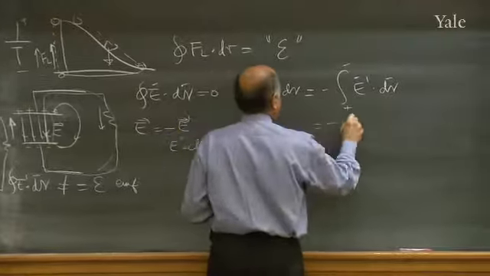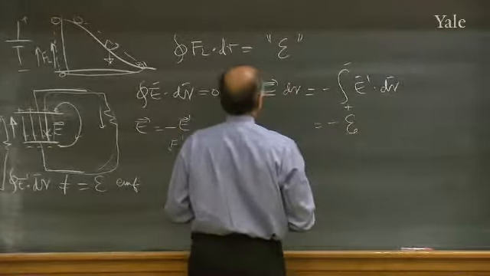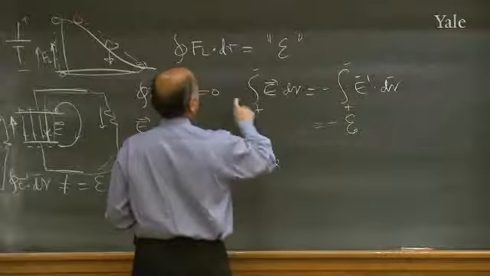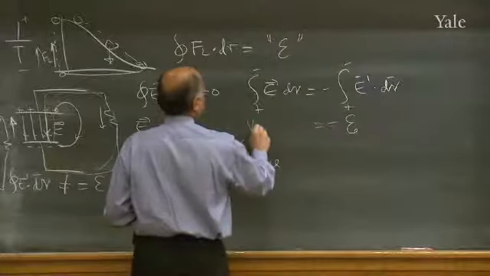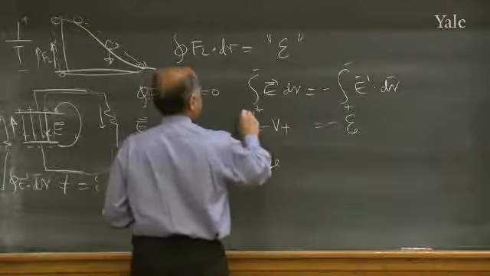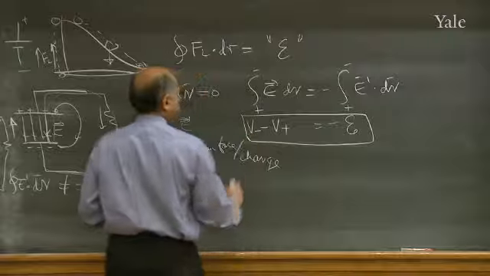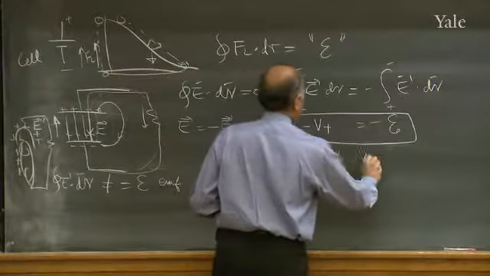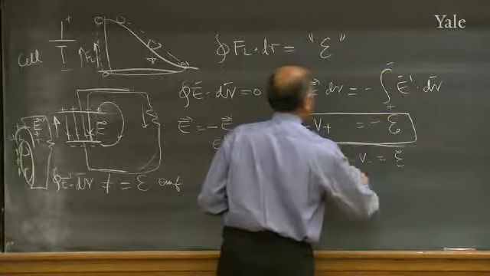That is minus the EMF. But what is E dot dr from positive to negative terminal? That is simply equal to V minus minus V plus. Therefore, V plus minus V minus is the EMF.